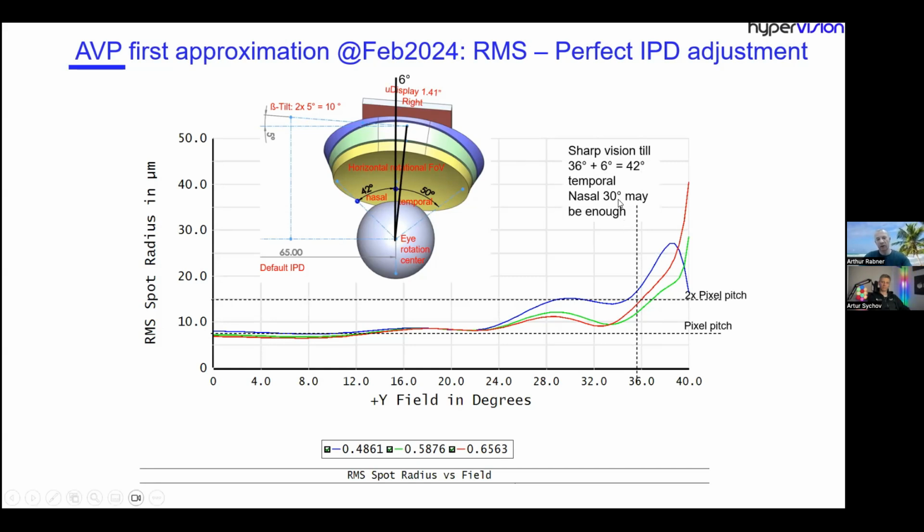And nasally, we need to subtract, so we get 30 degrees. But it's enough because vision physiology is built such that when we're looking with the eye in the nasal direction, after 30 degrees, it's outside the comfort zone.